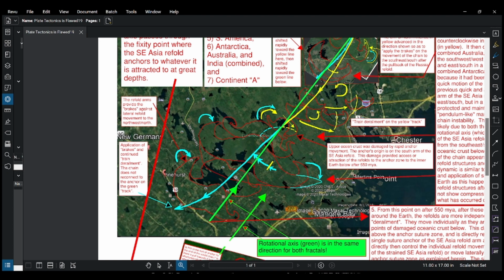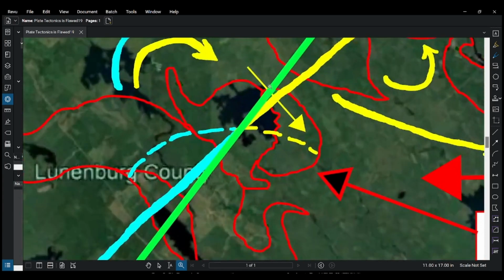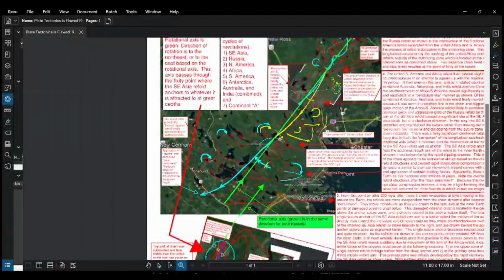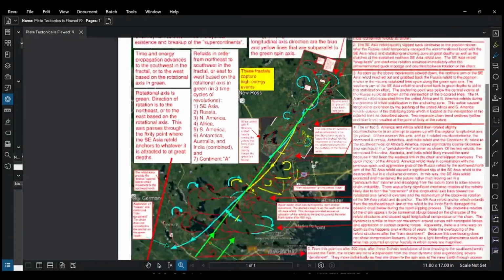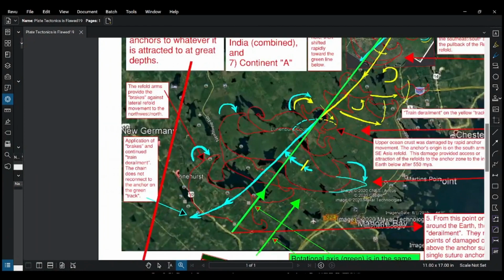The Africa twerk, so to speak, caused the Southeast Asia refold to bust up the mantle. Like I said, I'm just recapping. That's this area here. So that caused the weak spot here, which is going to drive what's happening after this. So you go from about 670 million years ago, up here, down to about 550 million years ago, down here.